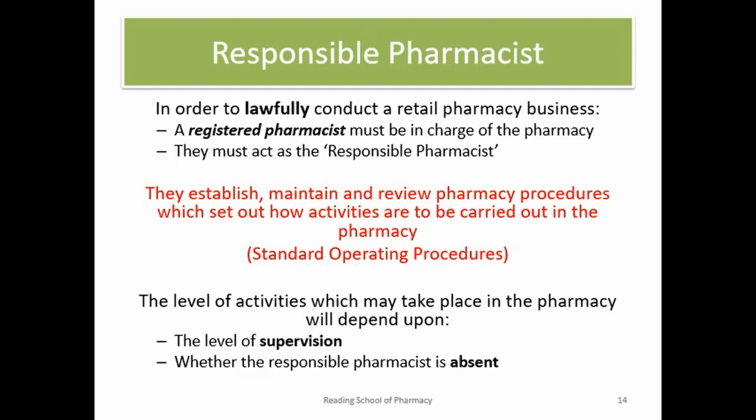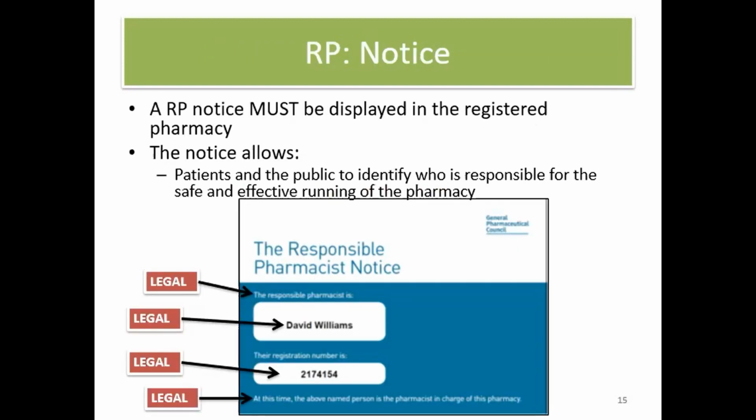However, they are still present in the pharmacy and can be called upon and therefore supervise the transactions or the conversations that are going on. So it completely depends on the level of supervision and whether the responsible pharmacist is present or absent.